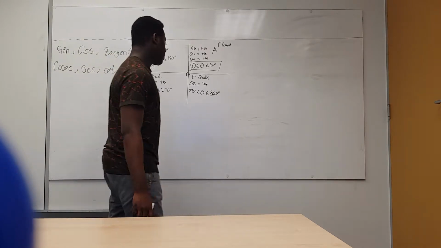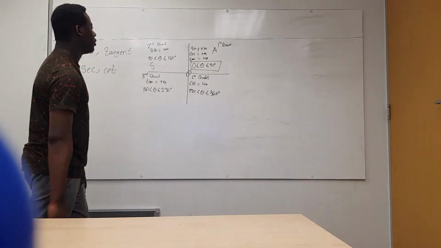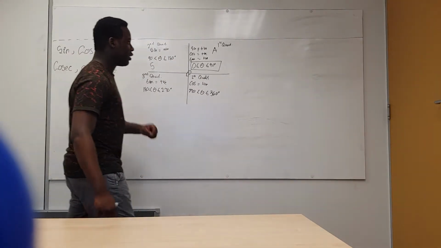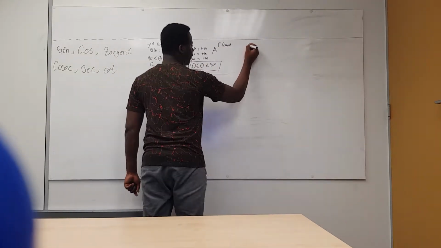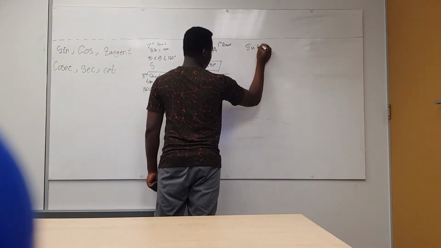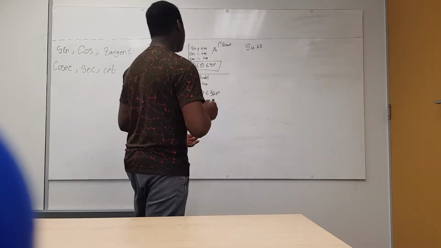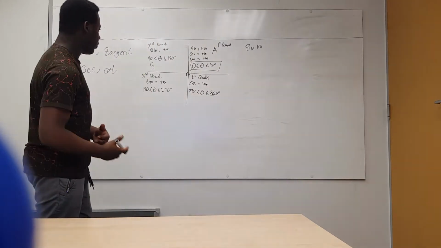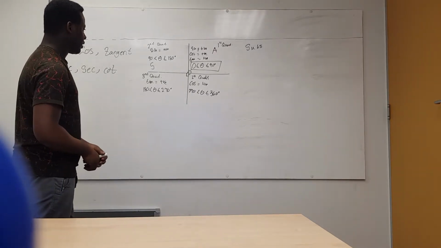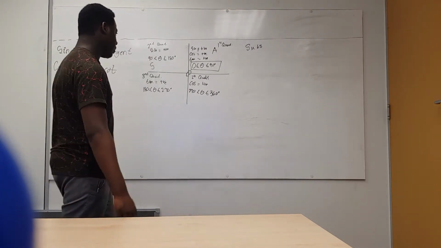Now, I'm also going to add something extra. If we have, let's say, sine of 45, we know it's going to be a positive number. Cosine of 45 is going to be a positive number. Tan of 45 is going to be a positive number.